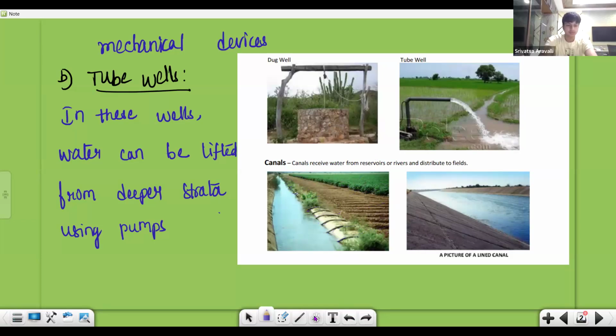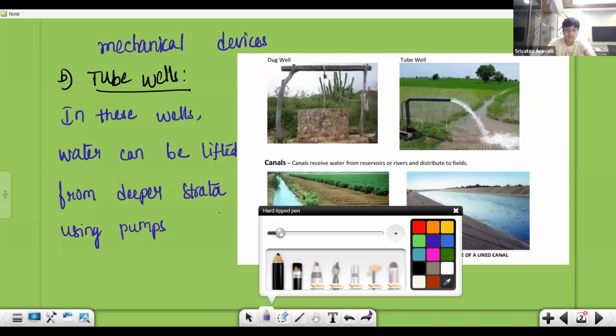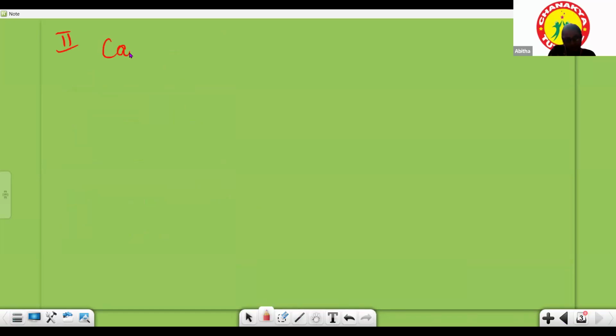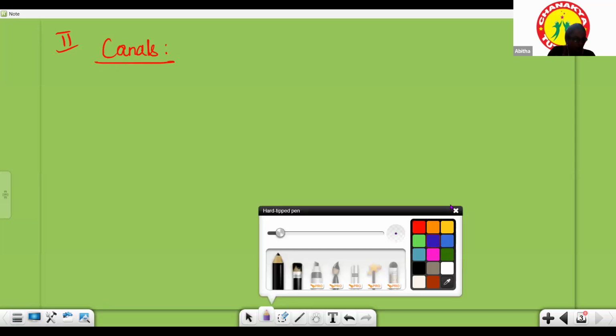So second category is canal. First we have seen wells, second category is canals. So what is a canal?